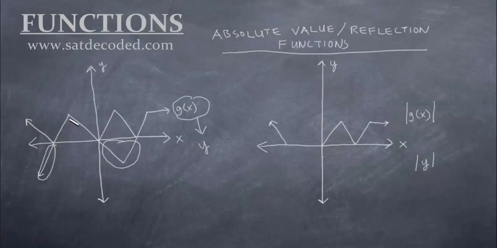Same concept here. This triangle portion just needs to be left alone because all of these points right here already have positive y values, or again, at least a 0. So I'm just going to redraw that right here, and that's our answer. These triangle shaped looking things, that is what the graph of the absolute value of g of x looks like.